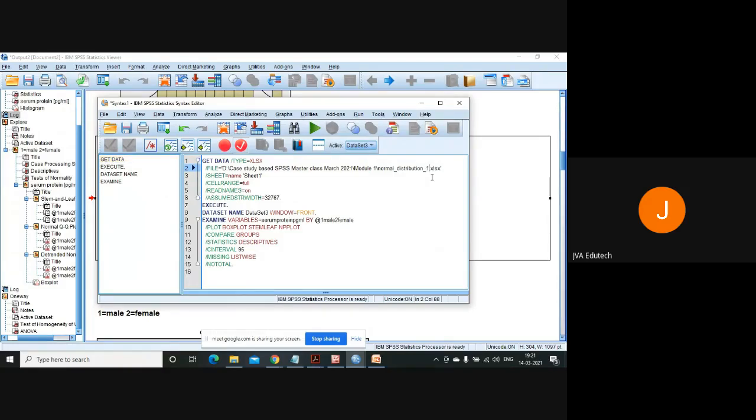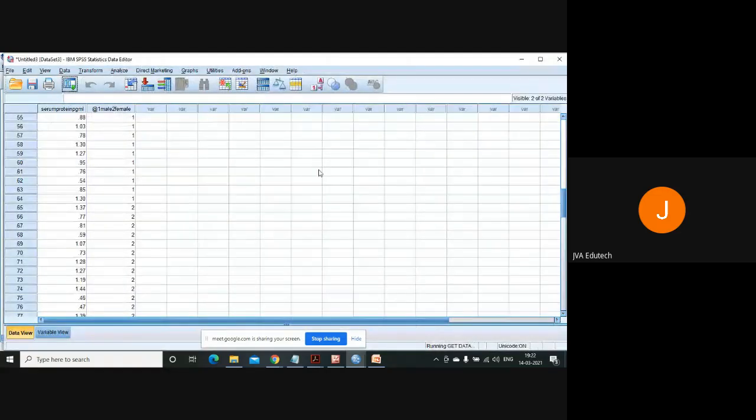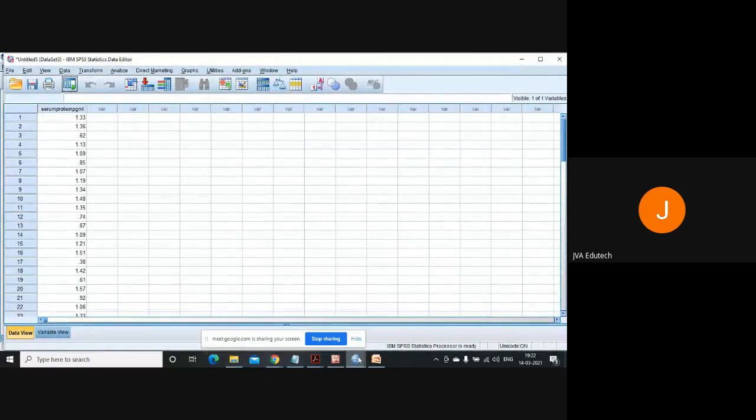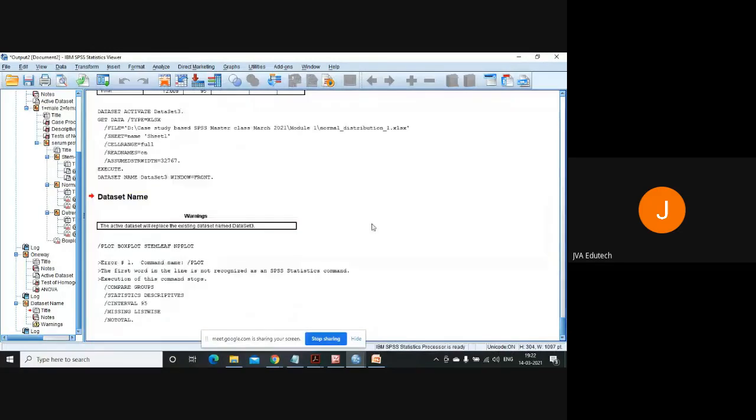I will take this, test distribution normal distribution 1, and here I'll remove the examine variables by this, and I'll just run my command. Let's see what happens. Okay, some error has happened.